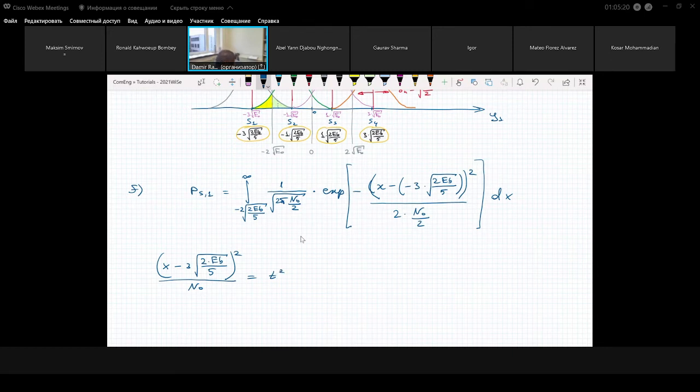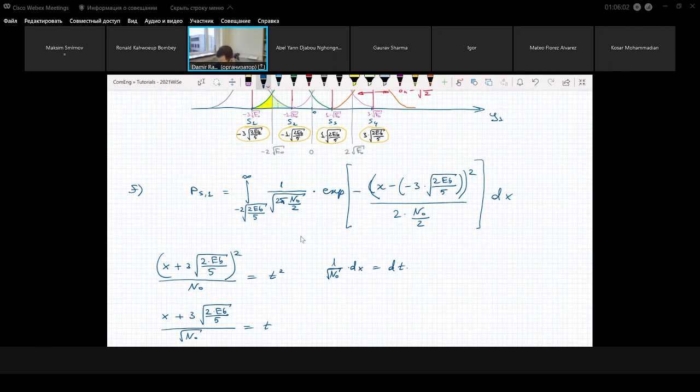And then it should be x plus 3, not minus. Then x plus 3 times the square root of 2 EB divided by 5, divided by the square root of N0, will be equal to the variable t. If we calculate the differential, we get that 1 over the square root of N0 times dx will be equal to dt.